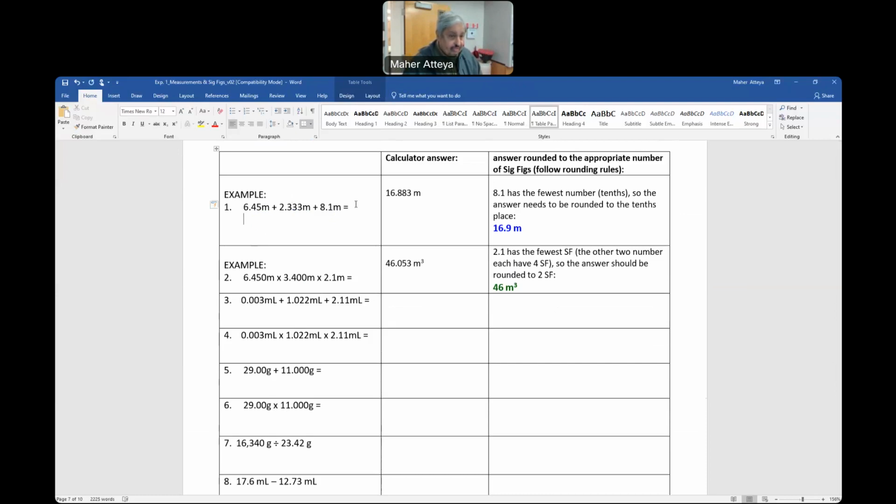Sorry about this, we are looking at the digits. That's addition and subtraction. 2 digits after the decimal. And here, how many digits? 3 digits after the decimal. And here, how many? 1 digit. So the least will win. And this will be highlighted.